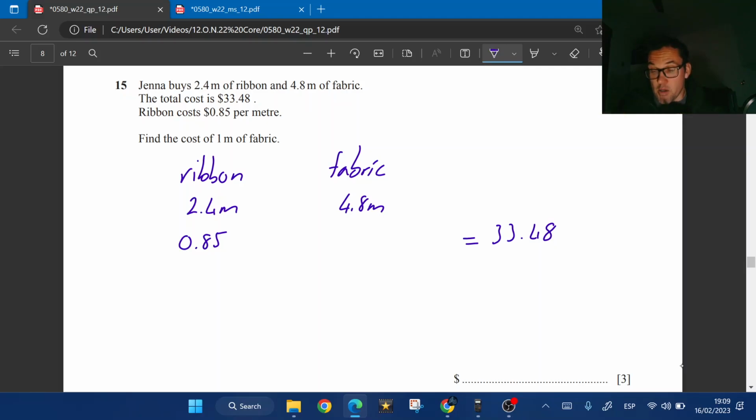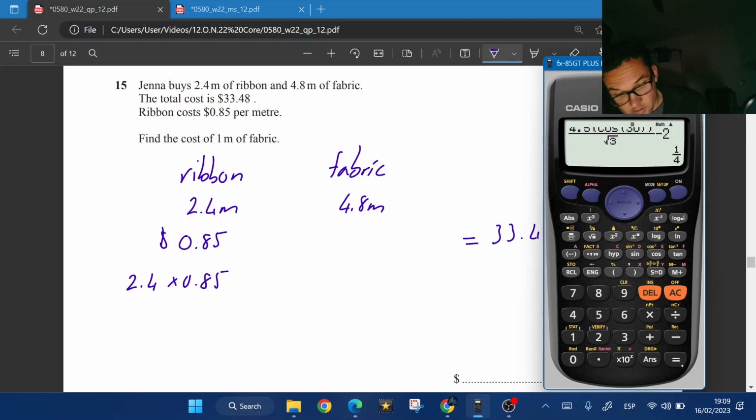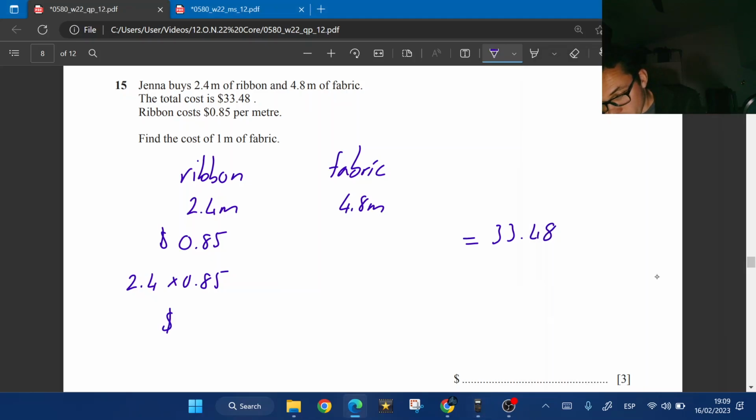So how much would we pay for the ribbon? $0.85 per meter, so if we multiply that together, 2.4 times 0.85, we see that we'll pay $2.04 for that ribbon.